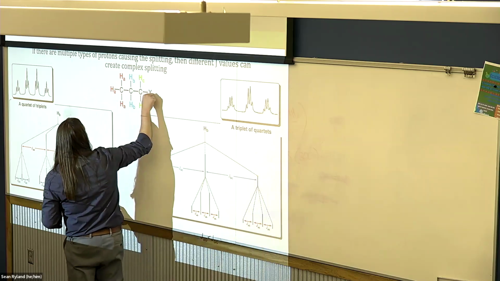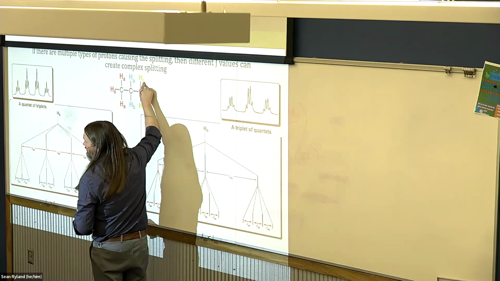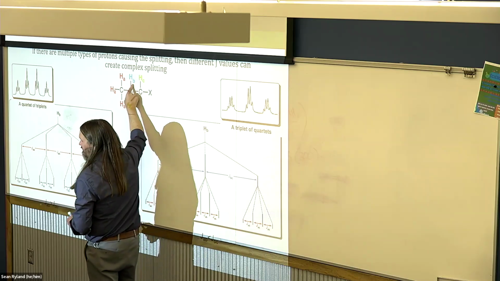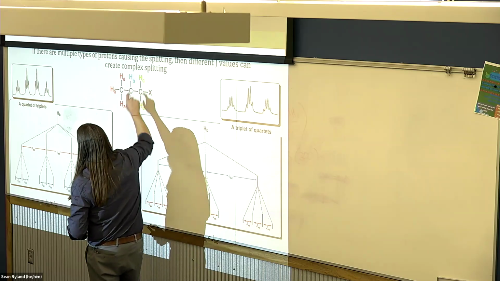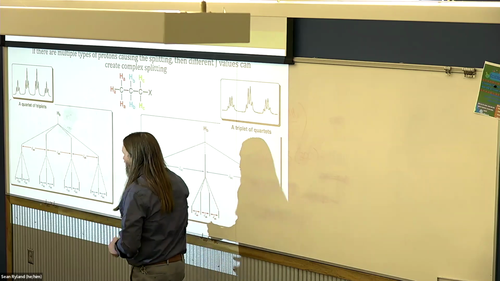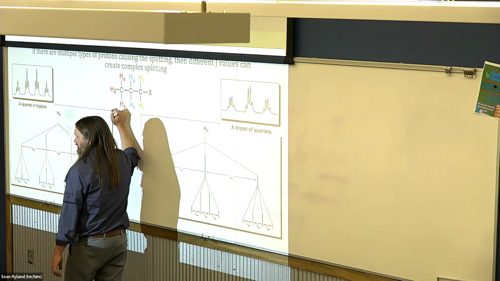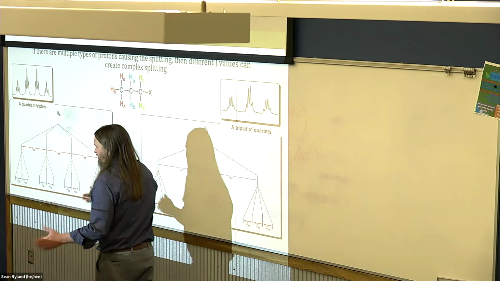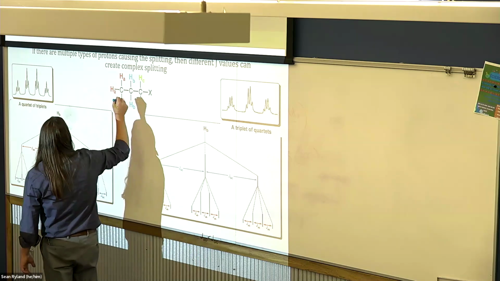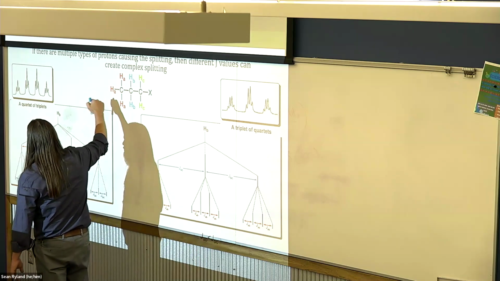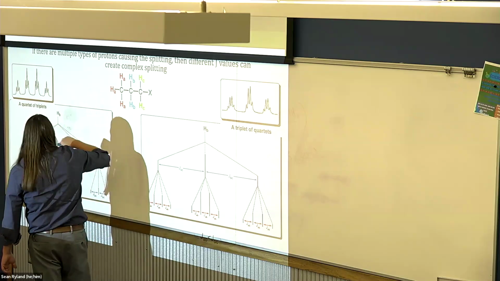But because we have this X value here, the coupling between B and C is not the same as between A and B, because these protons have very different energy. If we don't have a super high resolution NMR, then it will just look like a sextet, a peak of 6 splitting.